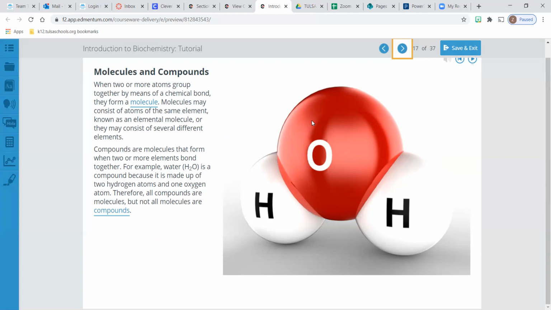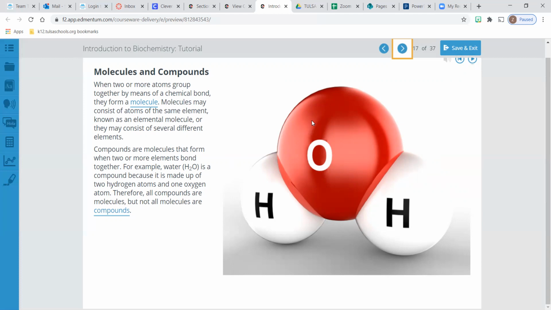They can consist of atoms of the same element, and that's described as an elemental molecule. But if they're made up of several different elements, they are compounds. Compounds are molecules that form when at least two elements bond together.